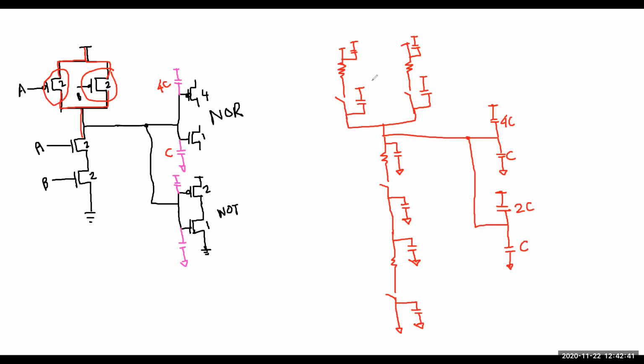Now look at this sizing. This sizing is 2, 2, 2, 2. That means everything is 2. So this one is 2R by 2. This one is 2R by 2. This is 2C.